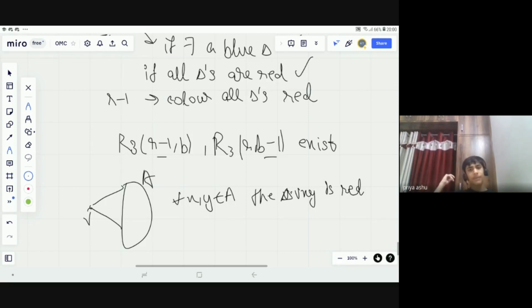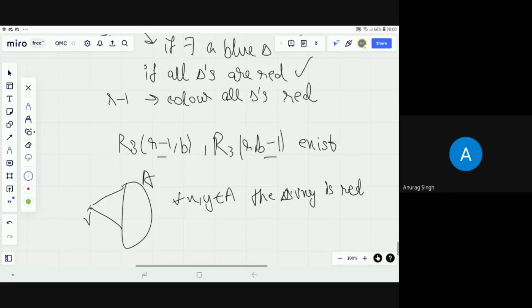Or the corresponding B, it's similar. Can we force such an A such that all triangles VXY are red? Maybe it forces somehow the same contradiction.